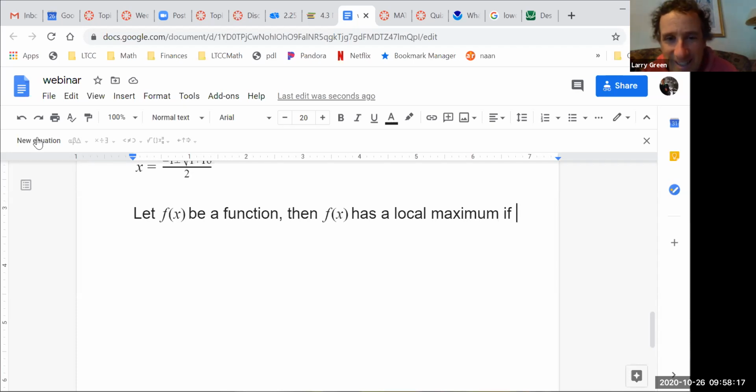Okay. It has a local maximum. Let me put it somewhere at x equals a. So the idea is a limited range.